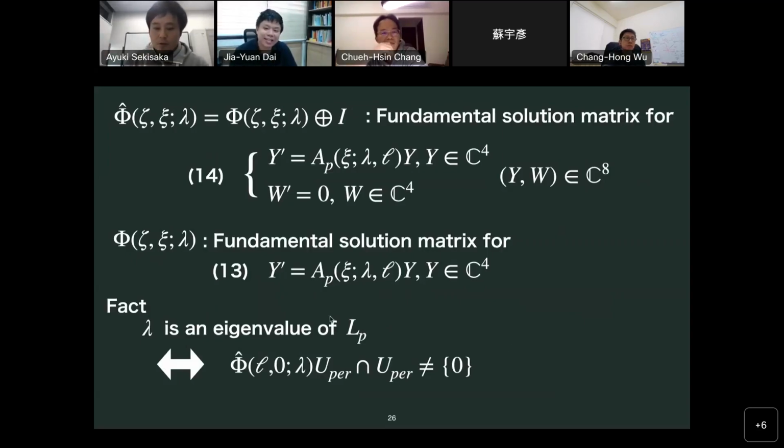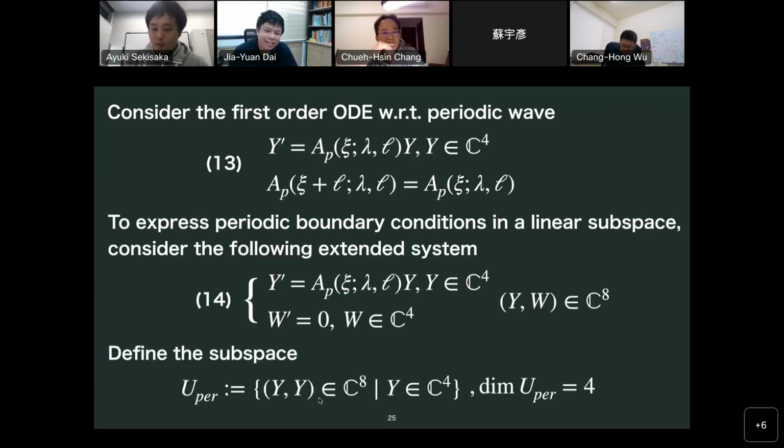W prime equal to 0 induces that the fundamental solution matrix is the identity, because it maps initial data to initial data.